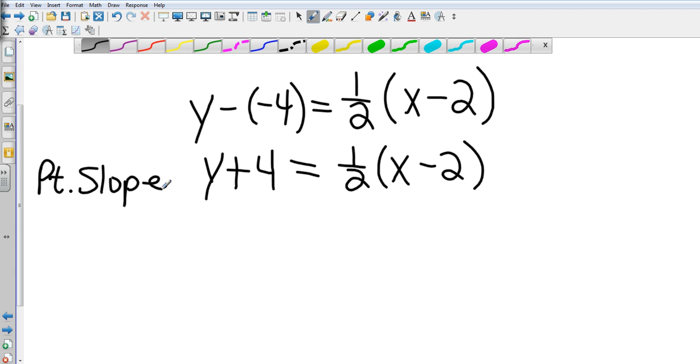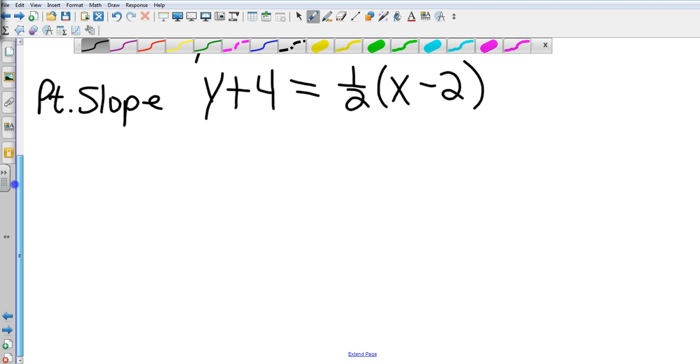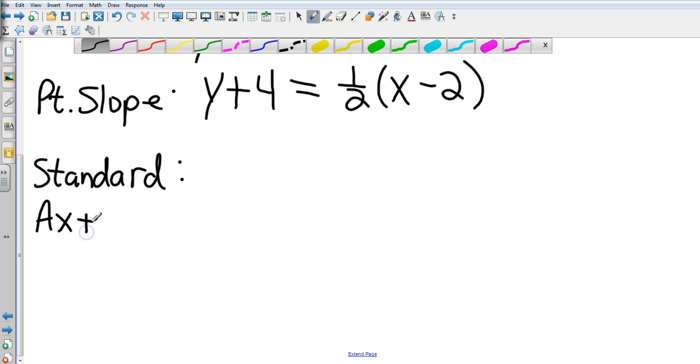Now, what if they ask you to take that point slope form and write it in standard form? Remember that standard form is ax plus by equals c. So what I need to do is get all my x's and y's on the left-hand side.